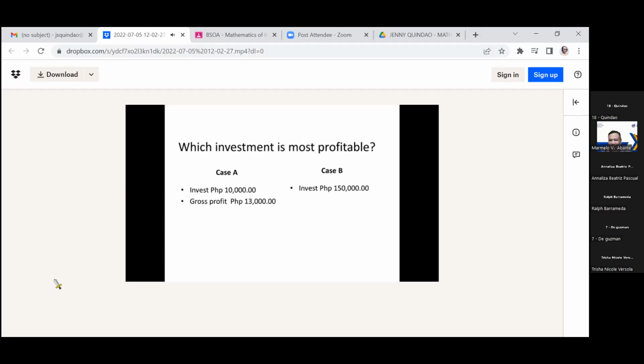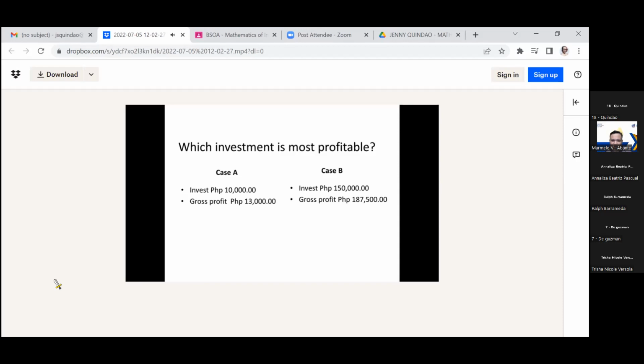Now the question is, which investment is most profitable? Let's compare these two examples and analyze between case A and case B. Case A invested 10,000 pesos. Case B invested 150,000 pesos, so case B invested more than case A. Case A has a gross profit of 13,000 pesos, while case B has a gross profit of 187,500 pesos.